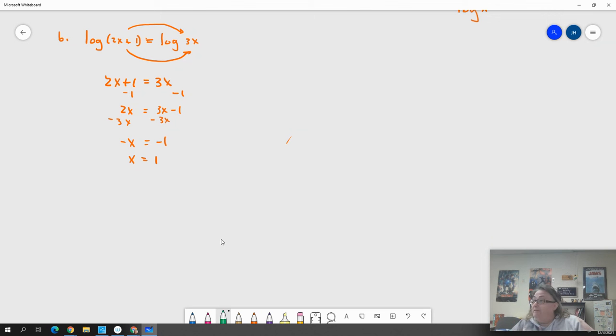If I have, let's see. I can't even read my own notes. Log base 4 of x squared minus 6 equals log base 4 of 10, right? These have the same bases. They're both log base 4.